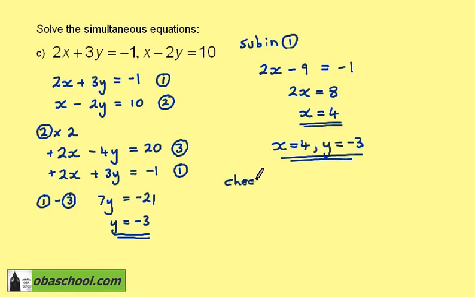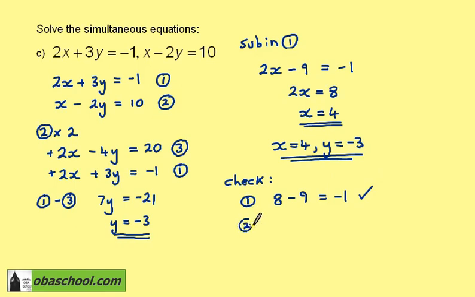We now want to check. For number 1, 2 4s are 8, 3 lots of minus 3 are minus 9, 8 take 9 gives minus 1, which is correct.